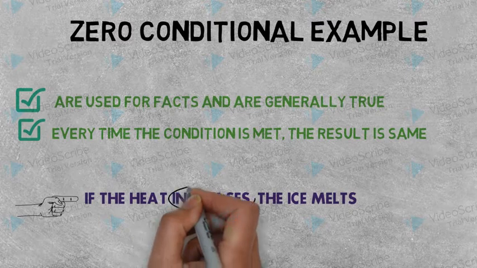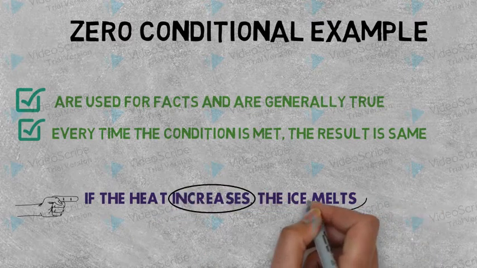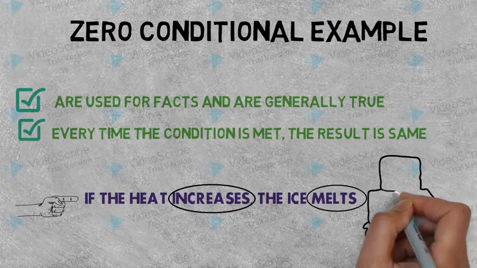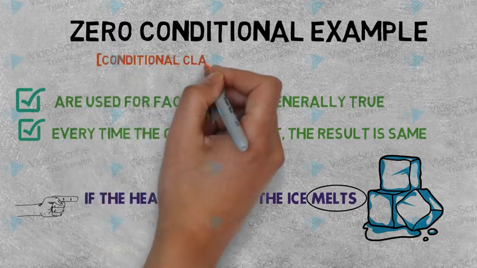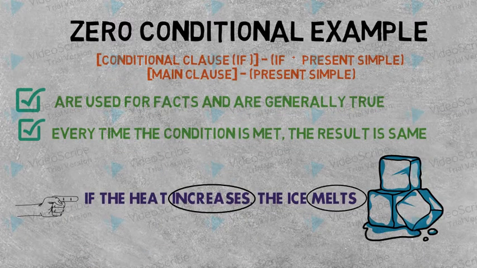So friends, it is a well-established fact or truth that whenever the heat increases, the ice melts. If you look at the structure of the zero conditional clause, it uses the present simple in the if clause as well as the present simple in the main clause. Here also we are using increases and melts.